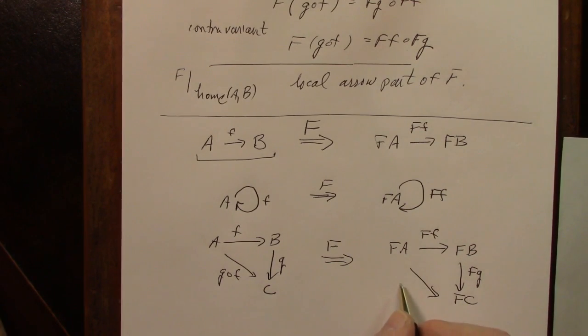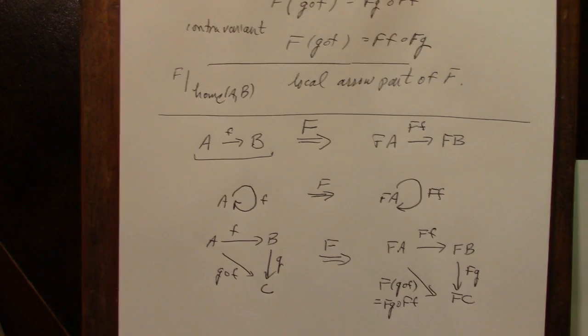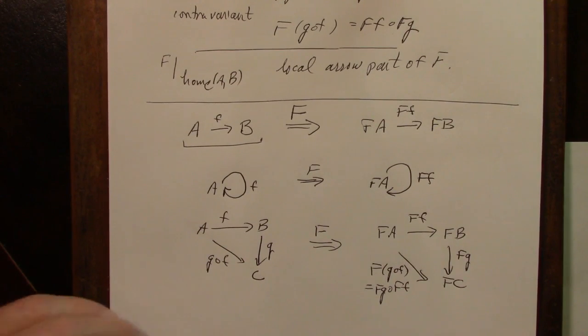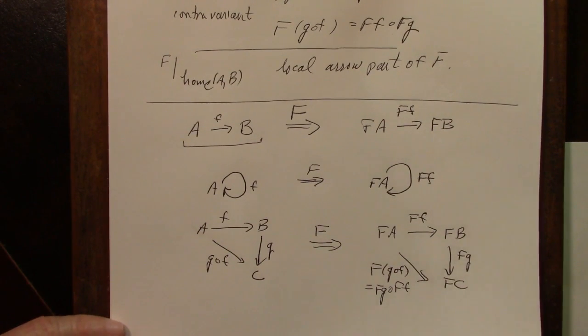So this is going to be F of G circle F, but that is equal to FG circle FF. So this is in the covariant case. I'll leave it to you to draw the pictures in the contravariant case. I just have to reverse arrows over on this side.